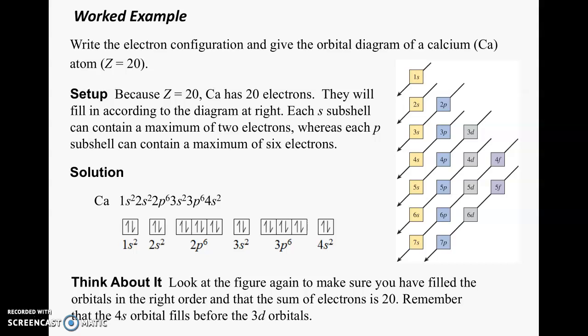Then we fill 6 into the 2p6, the 6 meaning there were 6 electrons. Then we put 2 into the 3s, 6 into the 3p, and then we drop down to the 4s before we go to the 3d. We write this as 1s2, 2s2, 2p6, 3s2, 3p6, and 4s2.